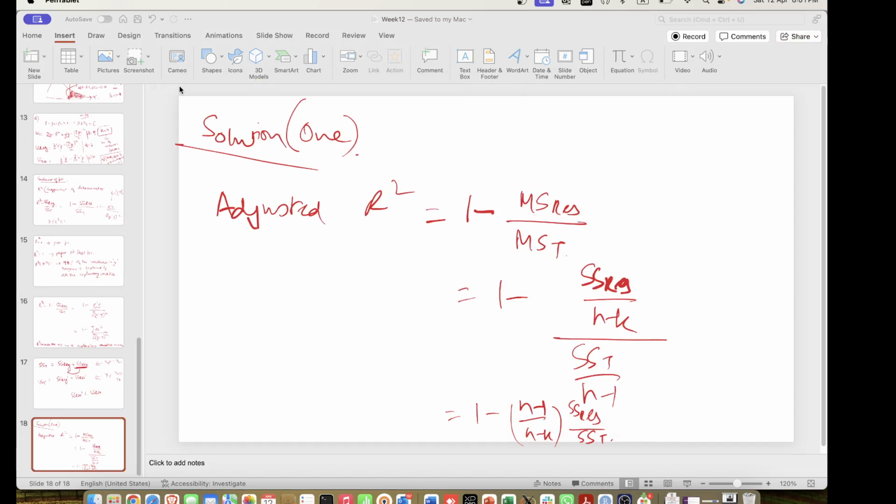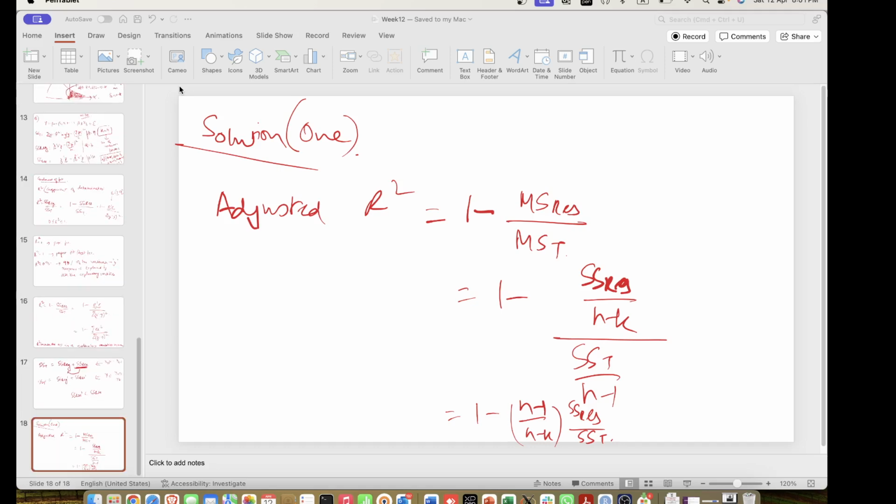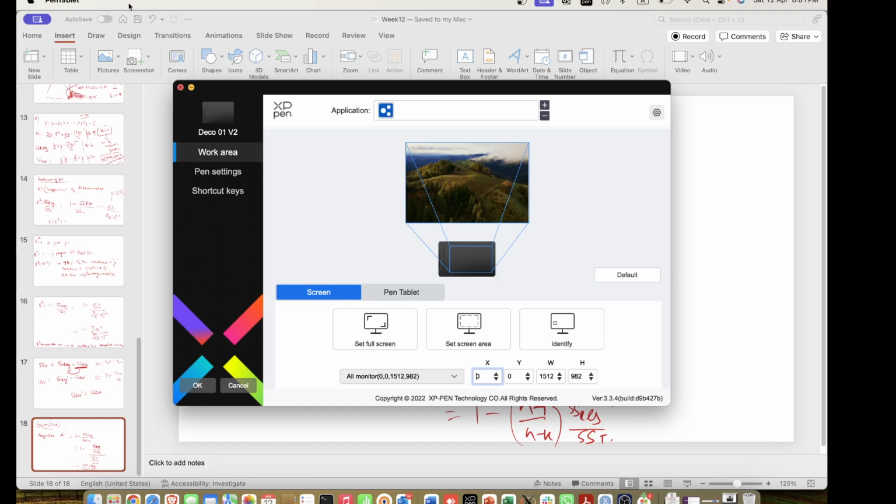Unlike R square, which will keep on increasing, adjusted R square may or may not increase. So if it increases, well and good. That means that SS residual has decreased more than the penalty that has been imposed. That essentially goes on to say that this variable is actually important, and this set should be kept as is.